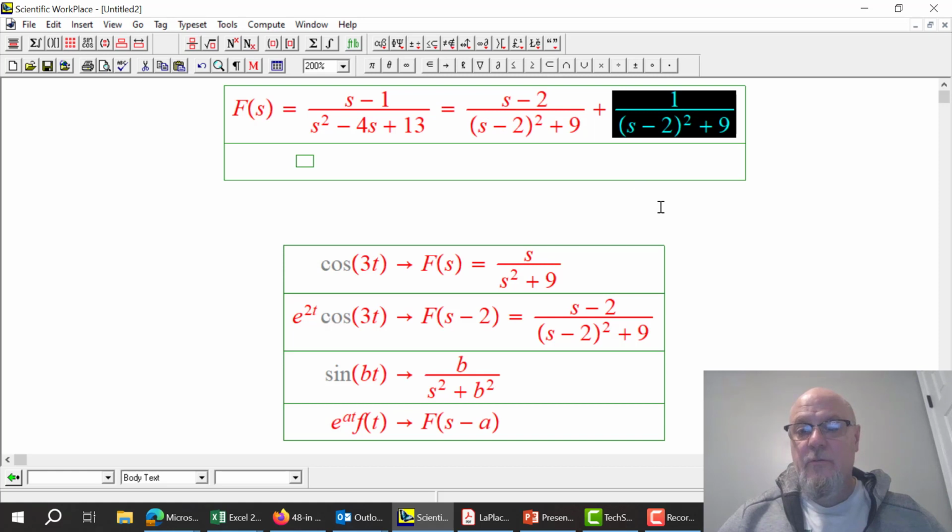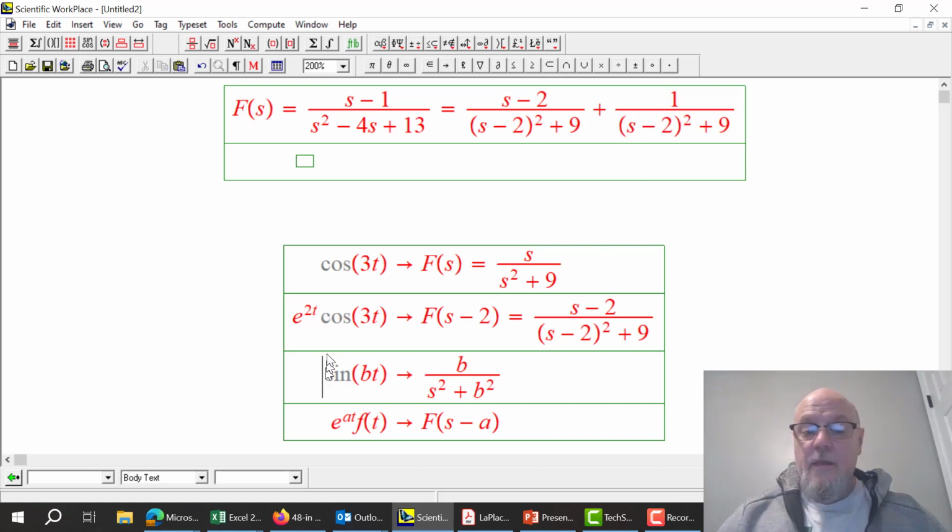I just need this piece. Let's look at the sine piece. Our b, the imaginary part of the eigenvalue, if you will, is 3, so this should be 9. And I would like a 3 on top to match. If I multiply by an e to the 2t, again, I'm using this rule.